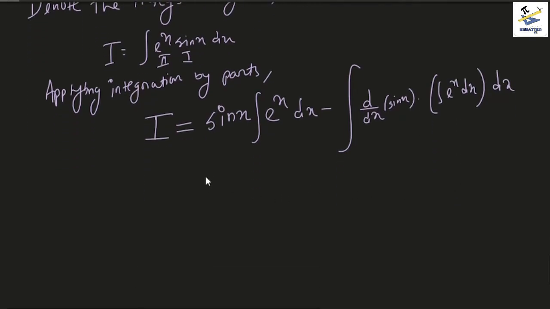So the integral of e to the power x is just e to the power x, so it becomes e to the power x sin x minus the differentiation of sin x, which is cos x, so cos x into e to the power x dx.